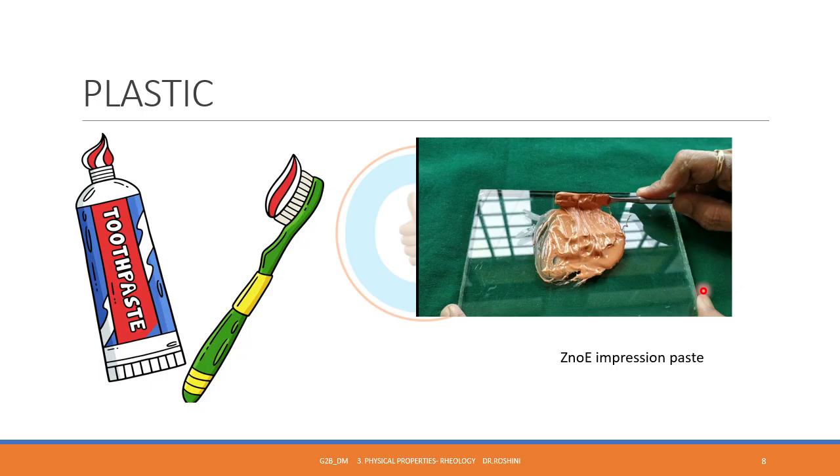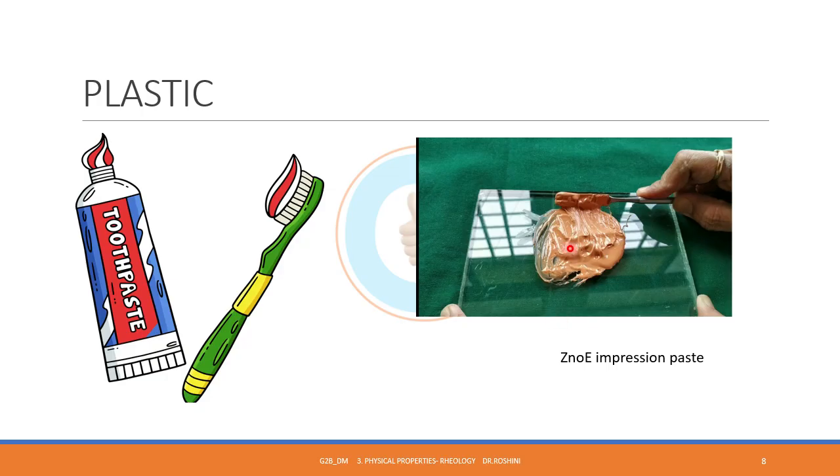Similarly, in dentistry, what type of material is categorized as plastic is your zinc oxide impression paste. Your viscosity of this particular zinc oxide eugenol impression paste will remain the same when you start the mixing of that particular material.